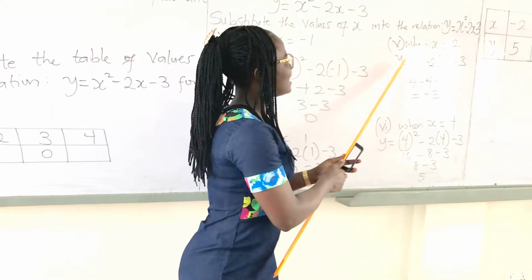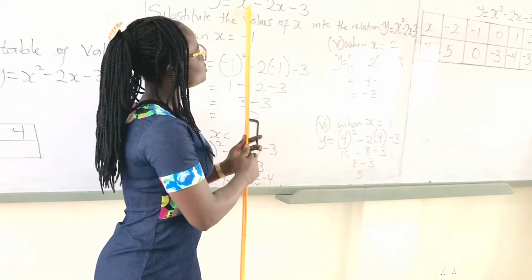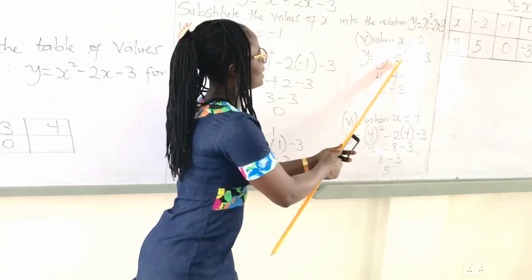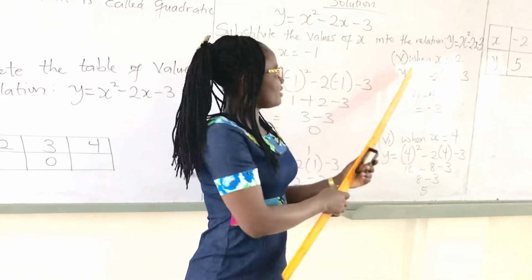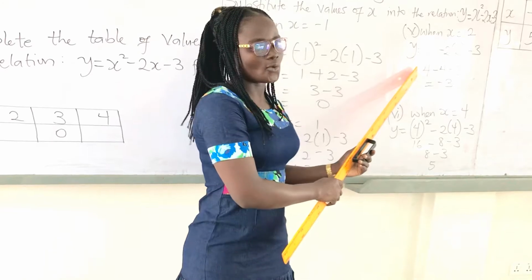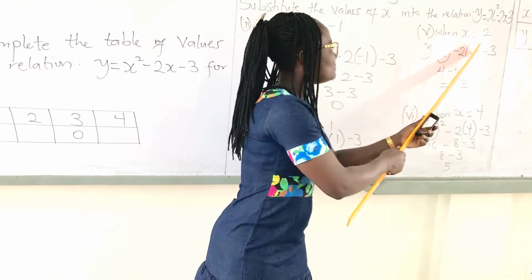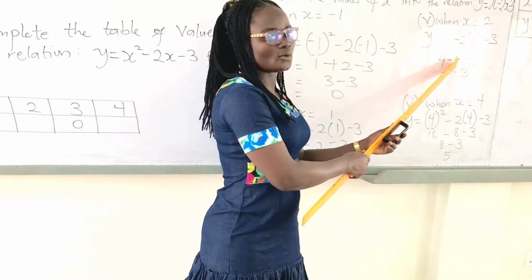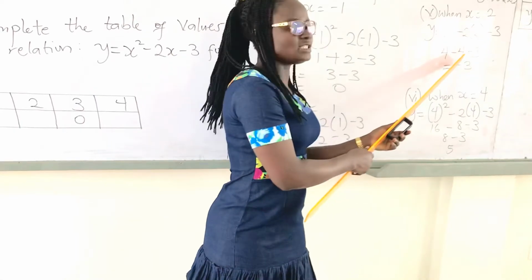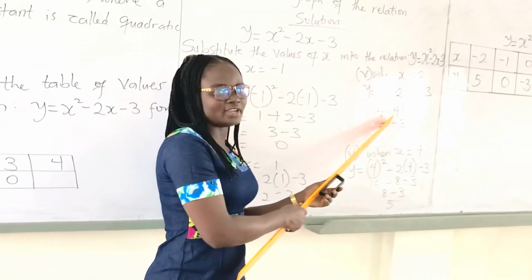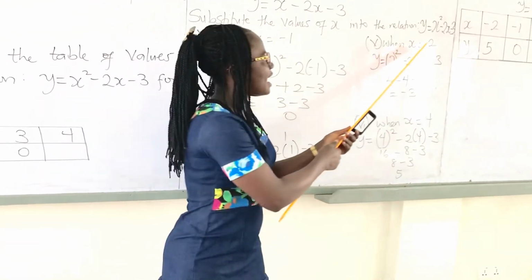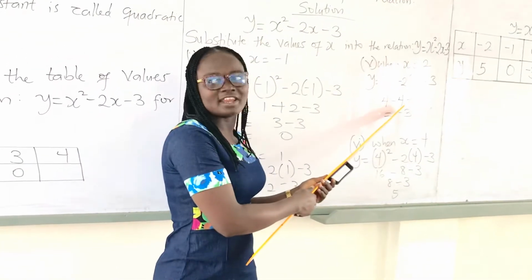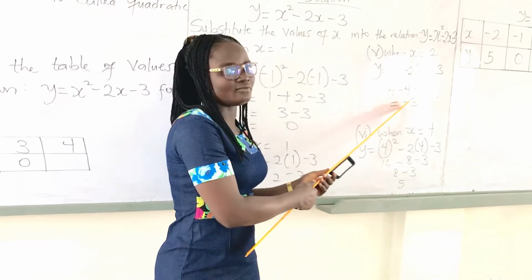So we are going to get y equals 2 squared minus 2 times 2 minus 3. 2 squared is 4. Minus 2 times 2 is giving us -4 minus 3. And this is giving us -3. So you can see that when our x is 2, our y is -3.